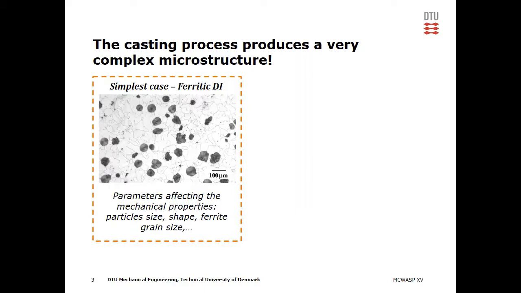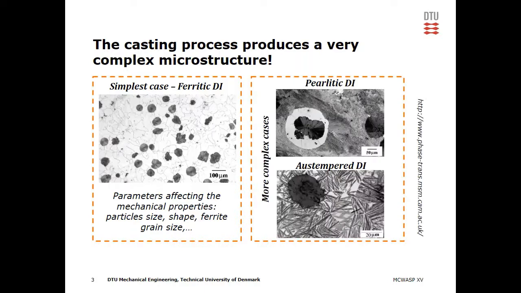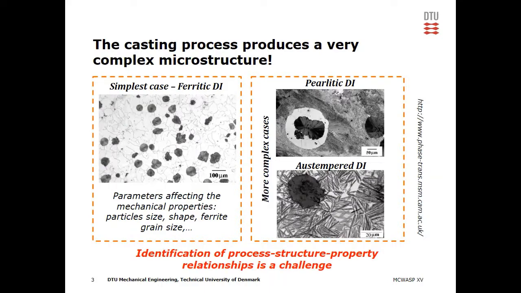I want to stress the fact that this is the simplest case. We can have much more complex situations, like in perlitic or austempered ductile irons. So because of this complexity, the identification of process-structure-property relations which are reliable and also have general validity is a challenge.